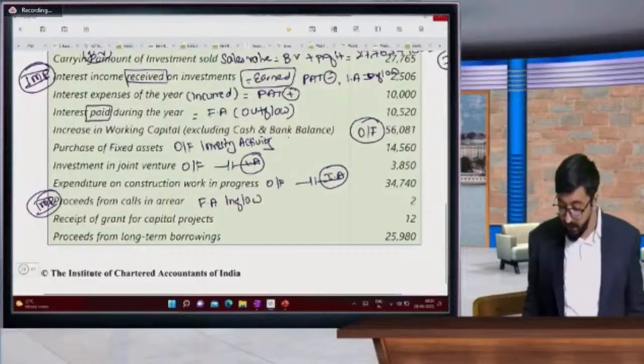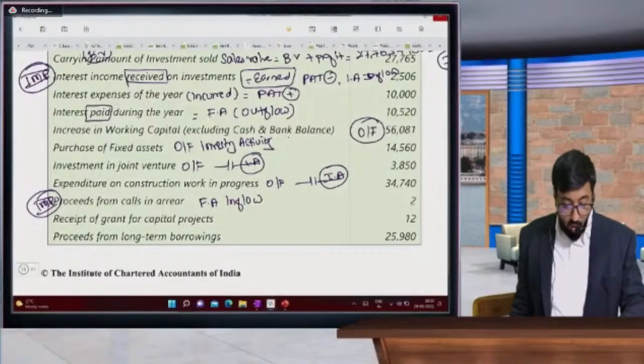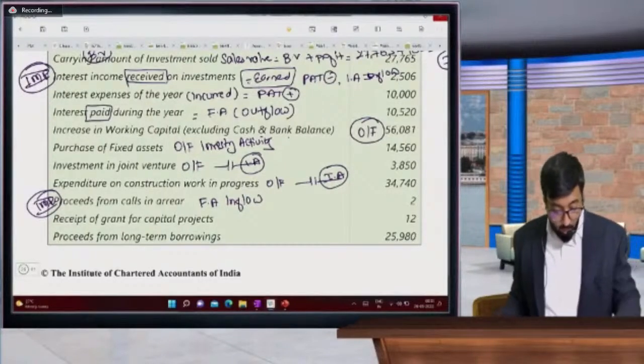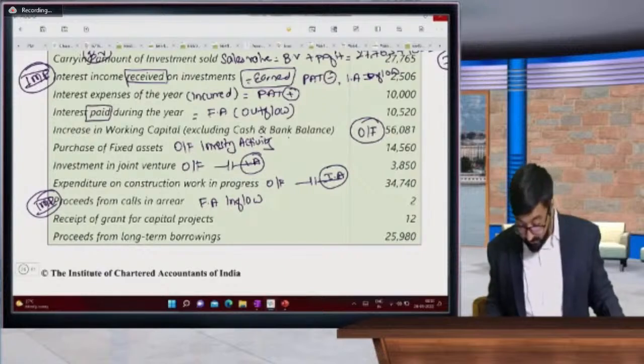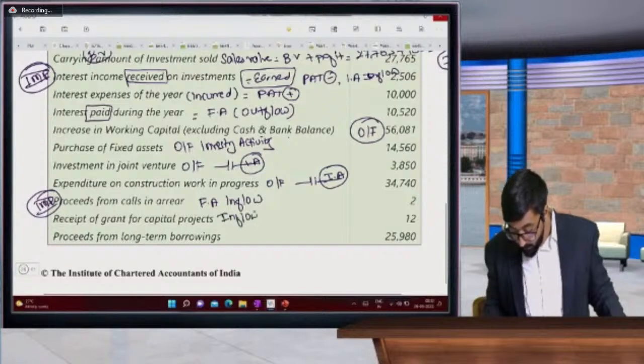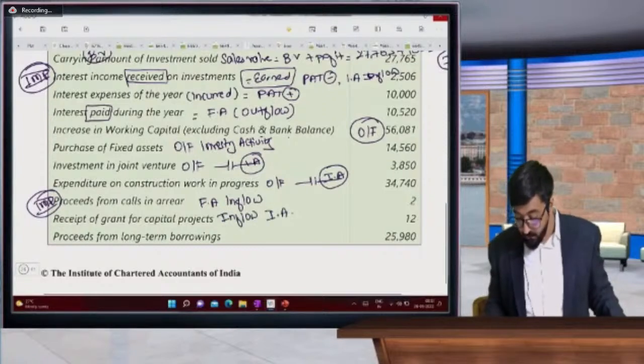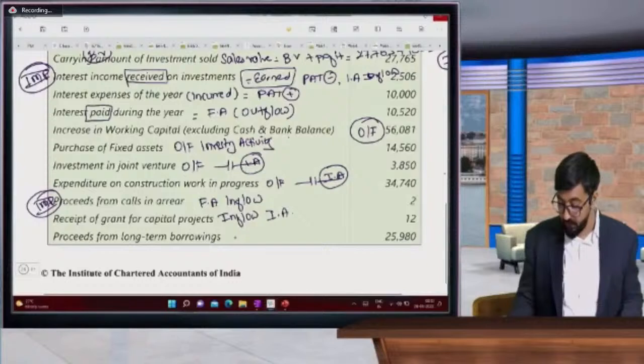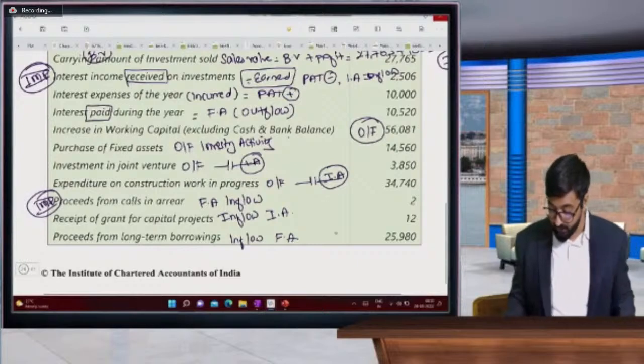Financing activity inflow: receipt of capital project grant. So this is inflow of investing activity. Proceeds from long-term borrowings: inflow, financing activity.